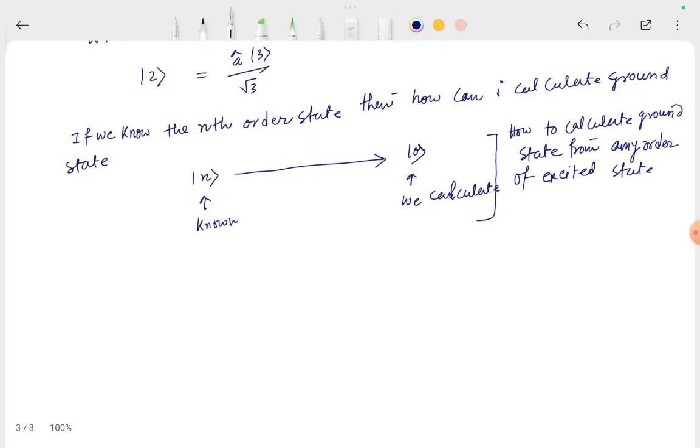We can easily calculate. This is the question.